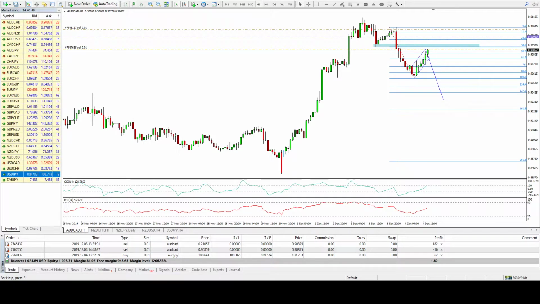What I'd like this pair to do is, I want it somewhere here, to return and come back down. Okay, so this is a good place to take profit on both of them.